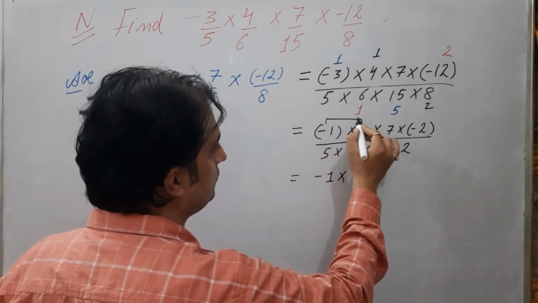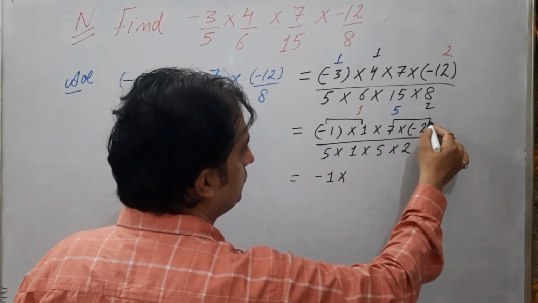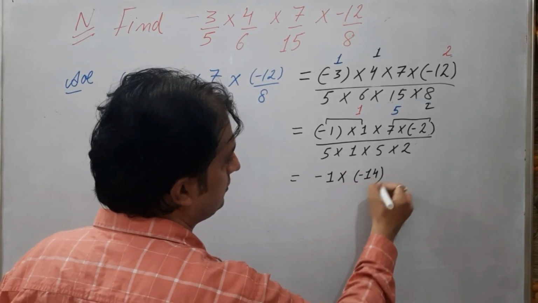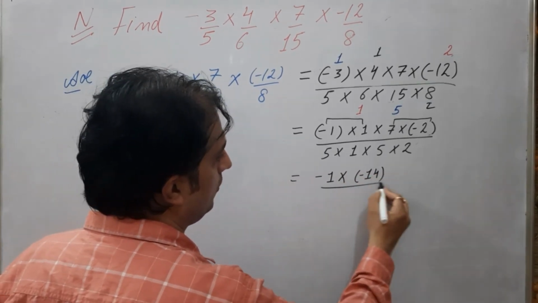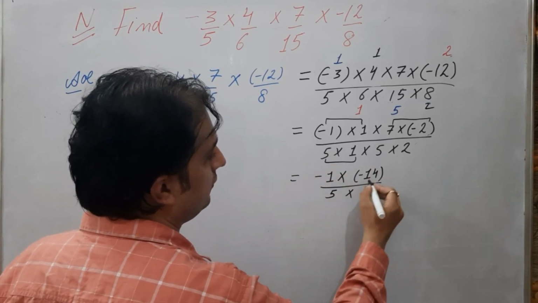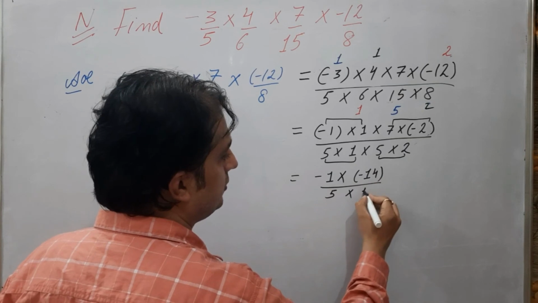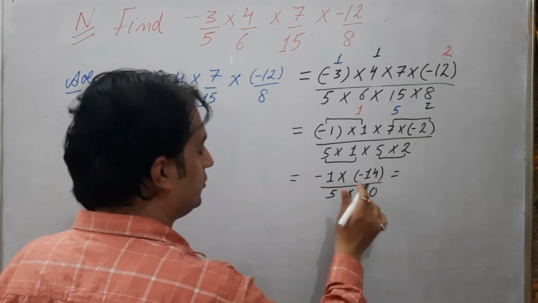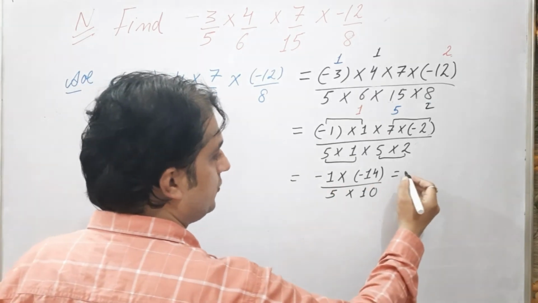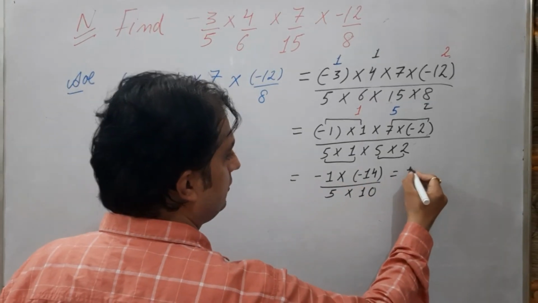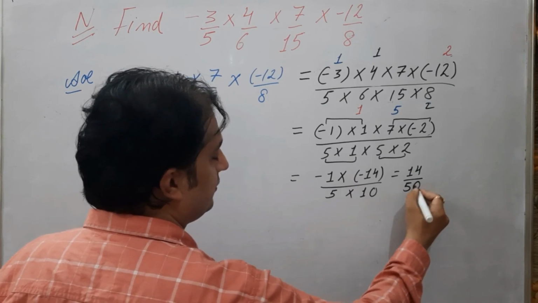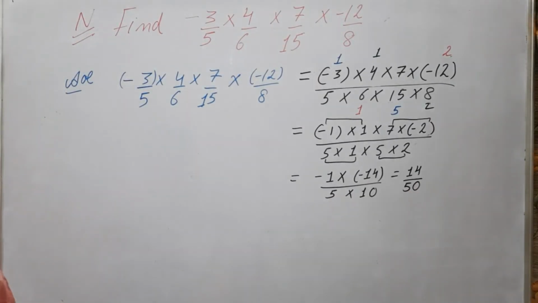Take the product of this one, then the product of this one: 7 twos are minus 14, so this is minus 14 upon 5 ones are 5, 5 twos are 10. The product of two numbers of the same sign is positive, so 14 over 5 multiplied by 10, 50.